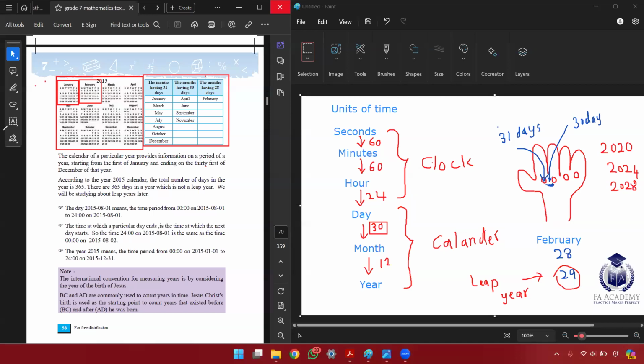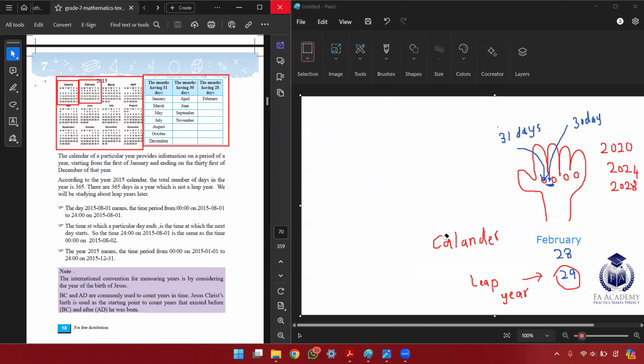Right, so I'm going to clear this part and then let's just write down the months and the days, right? So for Jan, how many days do we have? You can observe your bones and tell me now whether it has 31 days or 30 days.